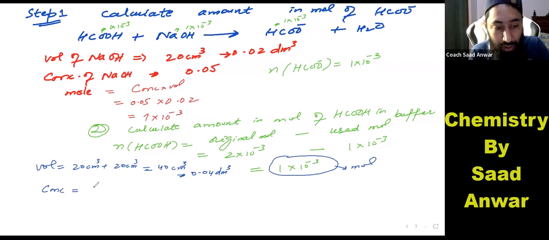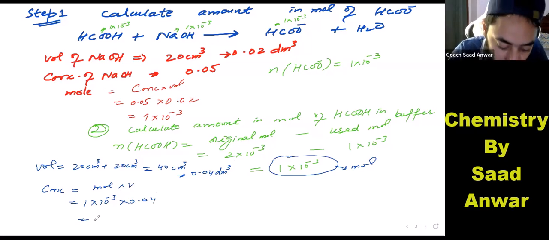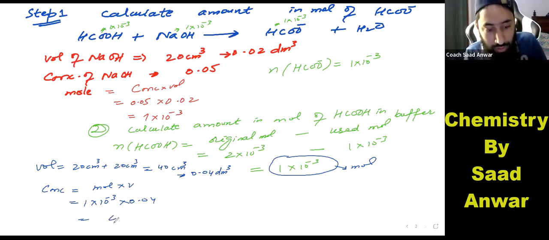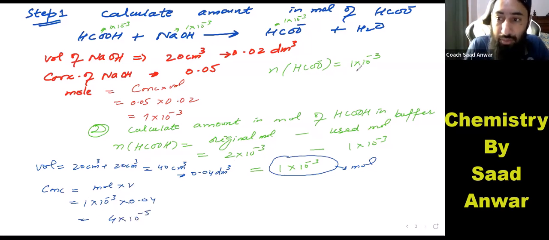I have to find the concentration. Moles divided by volume. Mole is 1 into 10 raised to power minus 3, the volume is 0.04, so it is 4 into 10 raised to power minus 5. So this is the concentration. Similarly, the concentration of the salt is moles divided by volume.